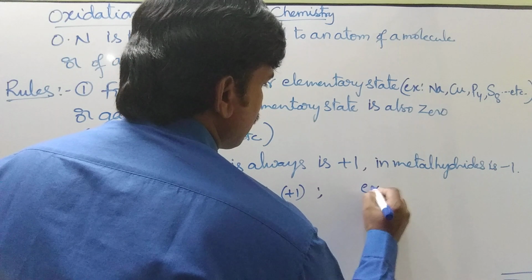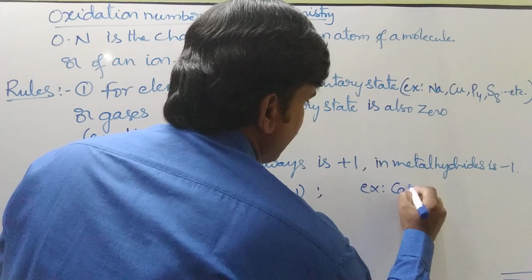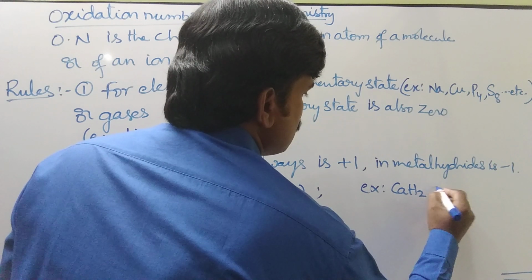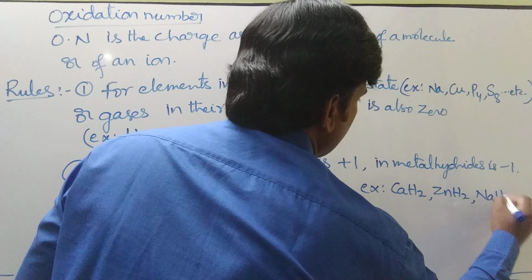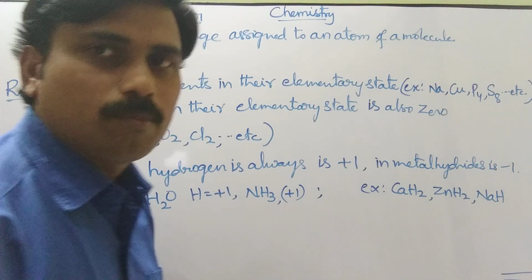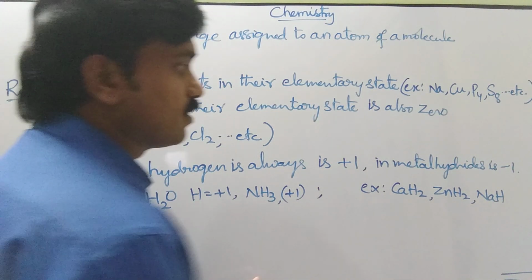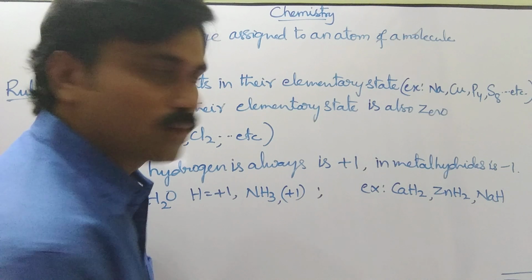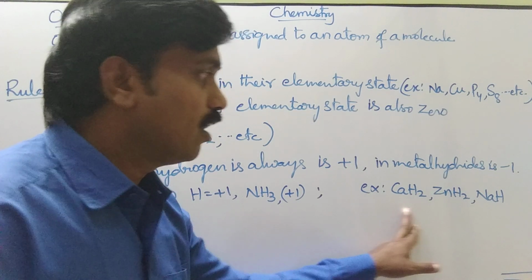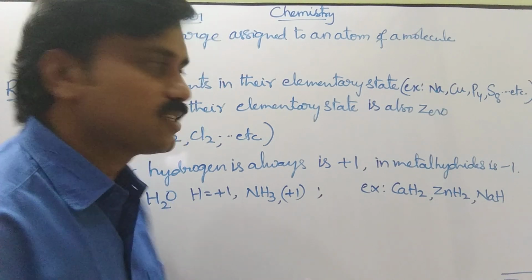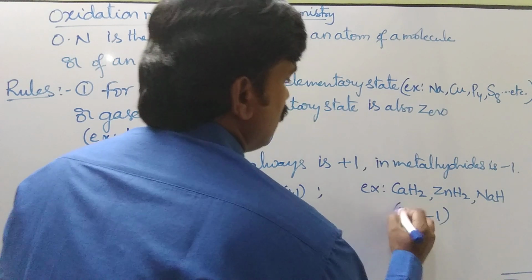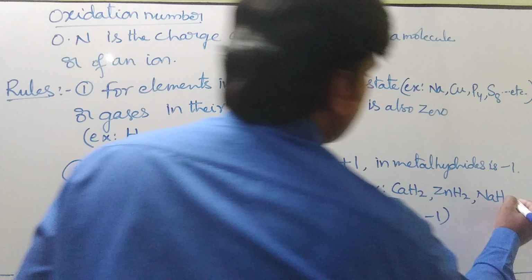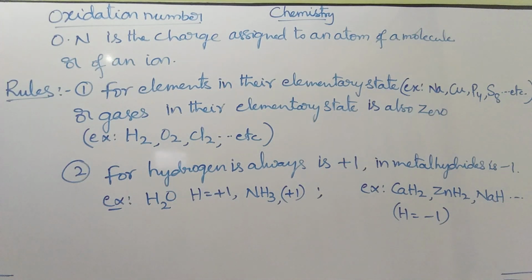Metal hydrides, for example: calcium hydride CaH2, zinc hydride ZnH2, sodium hydride NaH. In these examples, hydrogen exhibits a negative oxidation state because metals always exhibit positive oxidation states. So here the oxidation state of hydrogen is -1 in all three compounds. They are examples of metal hydrides.